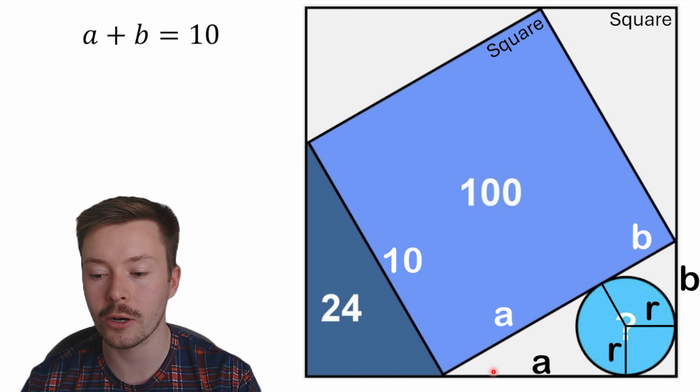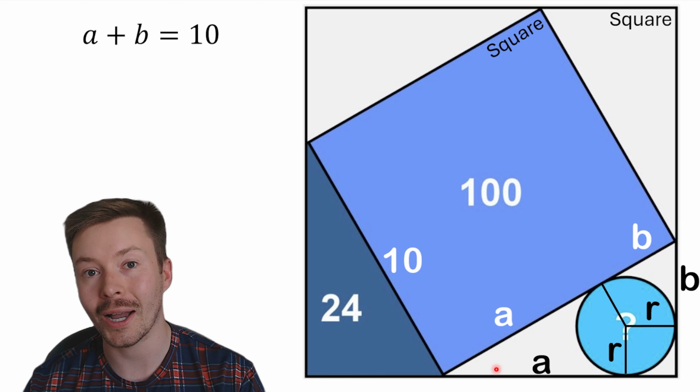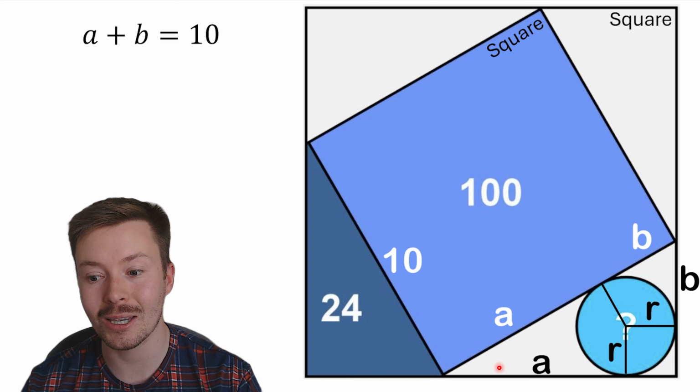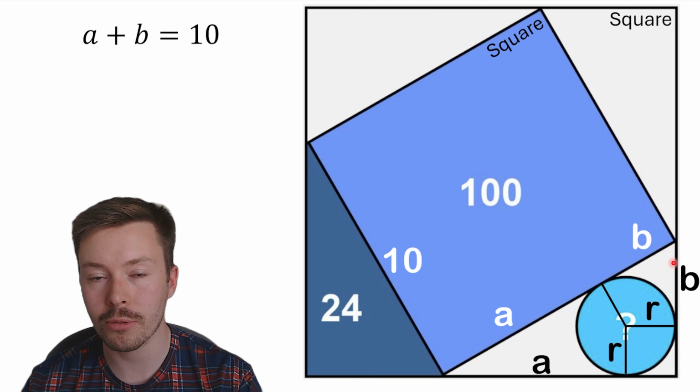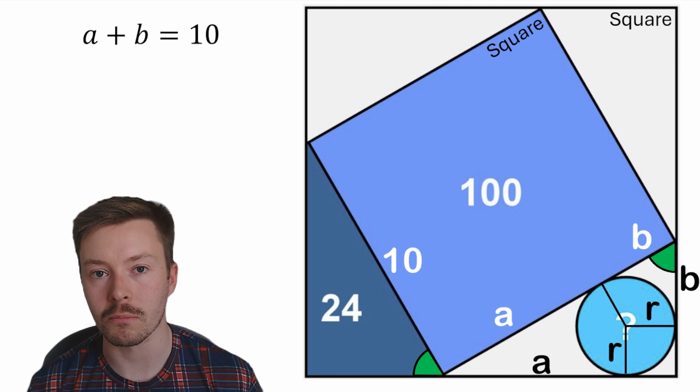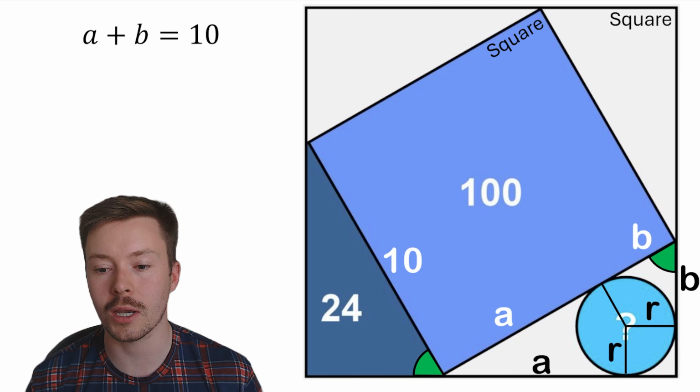So this angle would be 90 minus theta. Now, angles in a triangle add to 180. So to then work out this angle, I would do 180 minus the 90, the right angle, minus the 90 minus theta would give us theta again. And so those angles have to be the same. Whatever they are, they have to be the same.